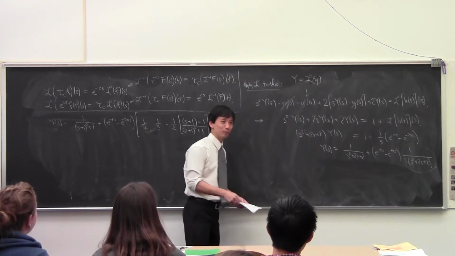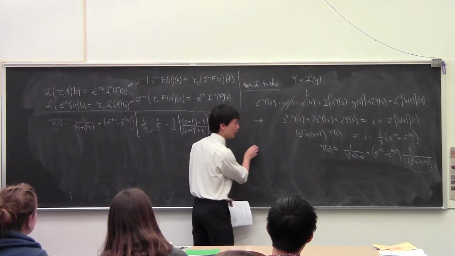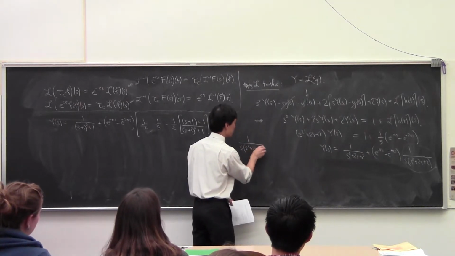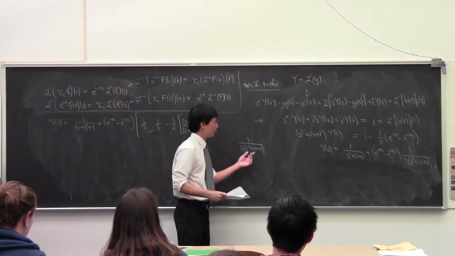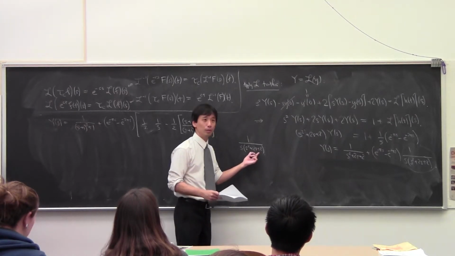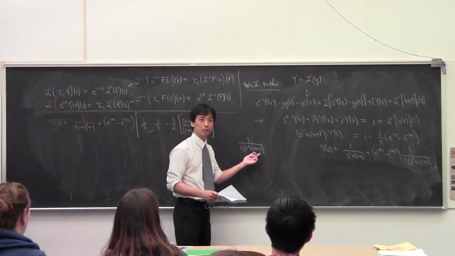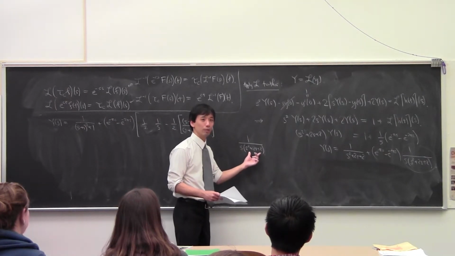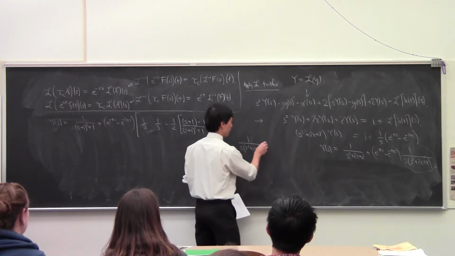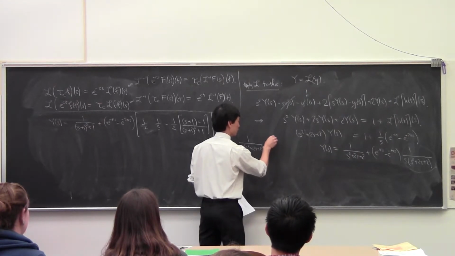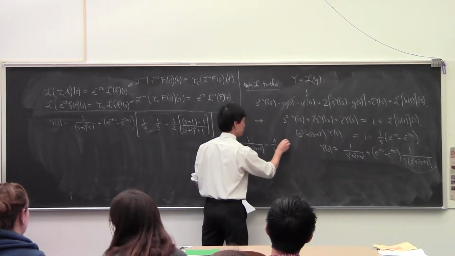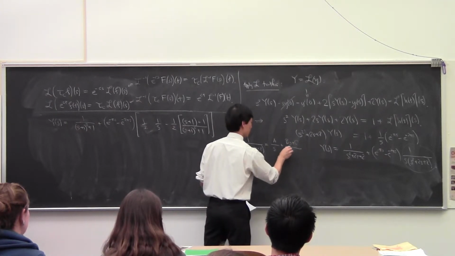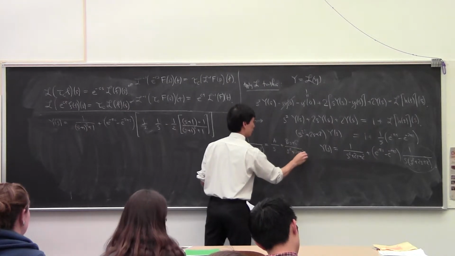Let me show you partial fraction decomposition in case you've forgotten. You have something like this: s squared plus 2s plus 2. You recognize that this thing is irreducible by looking at its discriminant. You see that this can't be reduced further over the real numbers, and so you know it's going to be something of the form A over s plus (Bs plus C) over this.